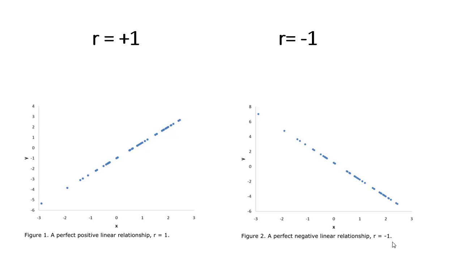We're never going to be getting data like this in the real world, so it will always be approximate. So the closer we are to 1 or -1, the more our variables are going to be related.